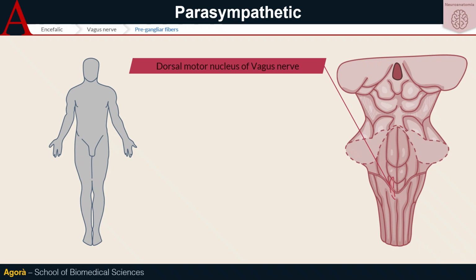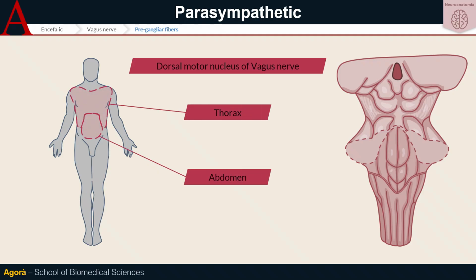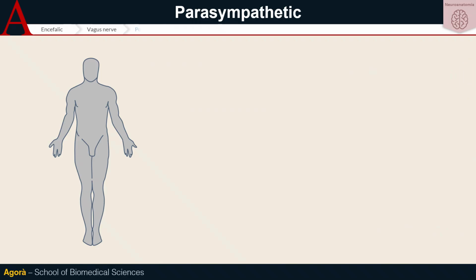They follow the branches originated in the vagus nerve itself, in the thorax and abdomen, all the way to the various parasympathetic ganglia. There are several ganglia of the vagus nerve located close to or within the mucous membranes of the organs they innervate.